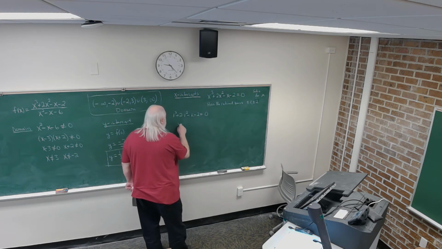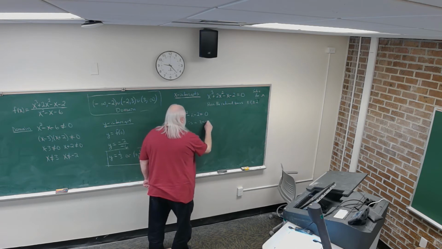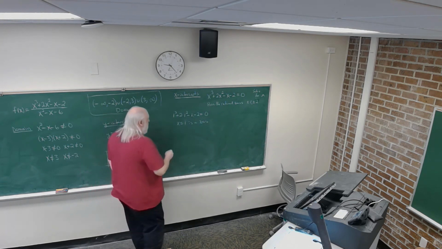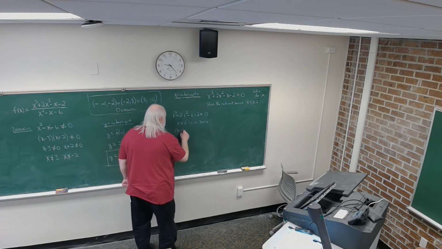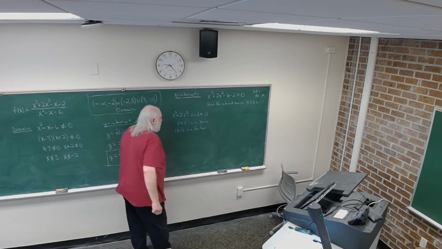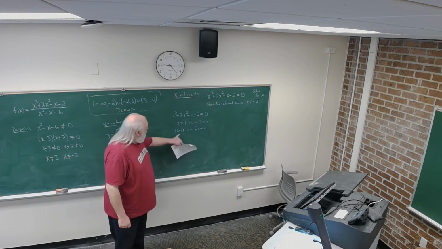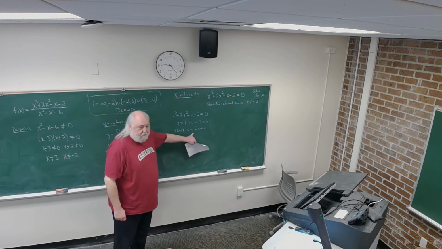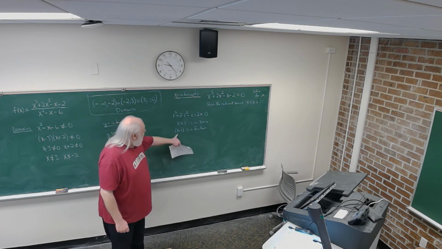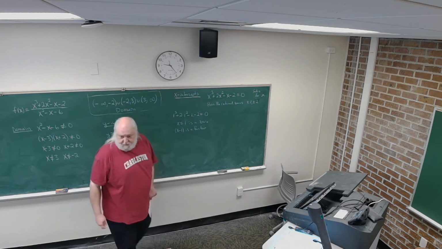So x equals 1 is a 0 of our 3rd-degree polynomial, which means x minus 1 is a factor. So we can write our 3rd-degree polynomial as x minus 1 times the quadratic. And to find the quadratic, we divide the third degree polynomial by x minus 1 using synthetic division.